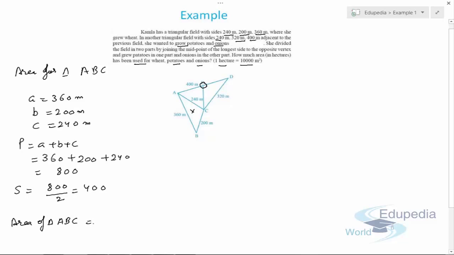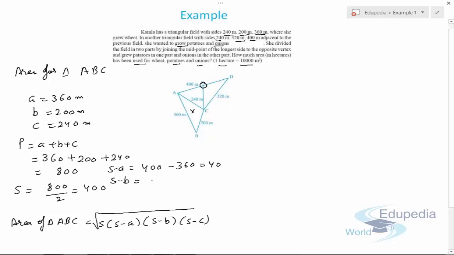So it will be the square root of S into S minus A, S minus B, S minus C. First we need to find S minus A, which will be 400 minus 360, which is 40. Then S minus B, which is 400 minus 200, which is equal to 200.